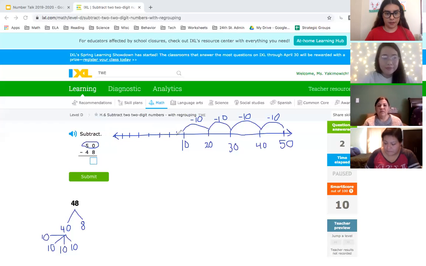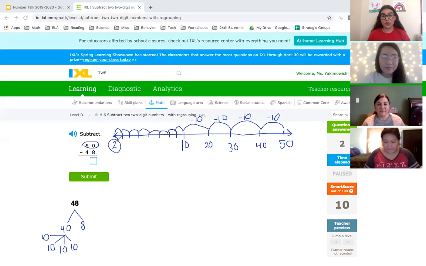Let's see if we have enough on our chart. 1, 2, 3, 4, 5, 6, 7, 8. And then our answer is 2. She counted back in her head: 10, 9, 8, 7, 6, 5, 4, 3, 2. So our answer here is 2.